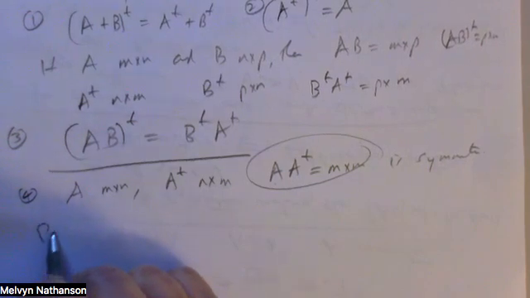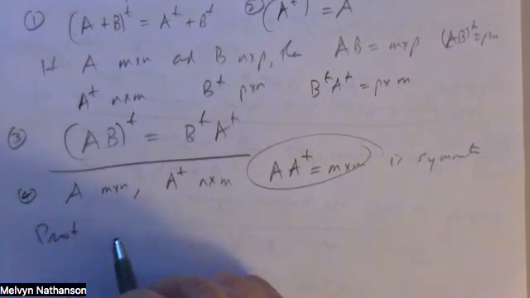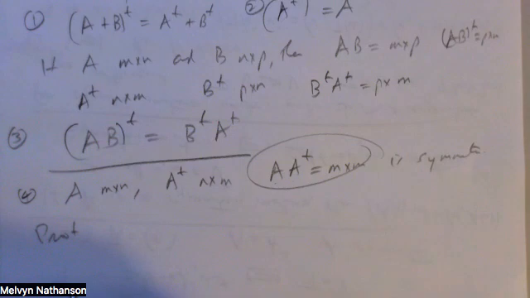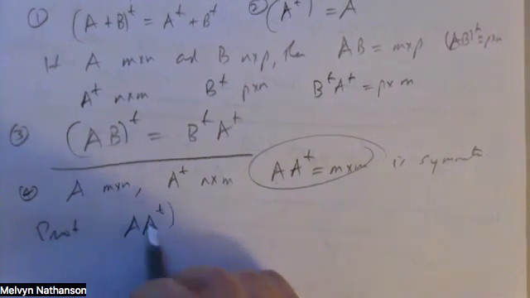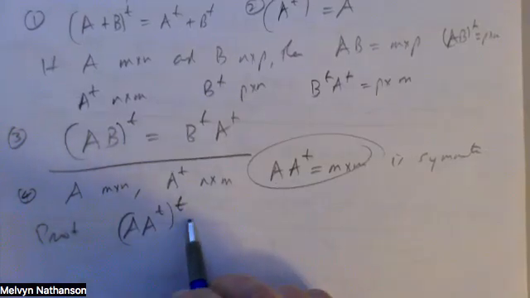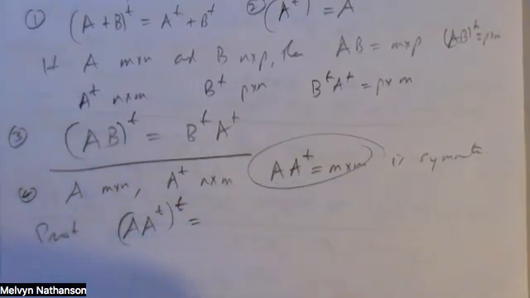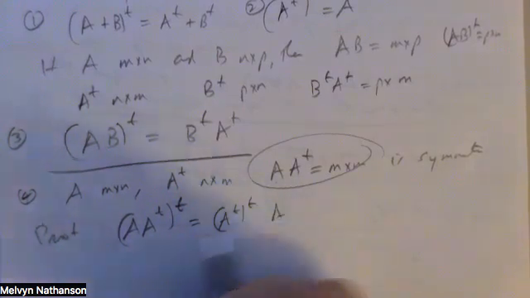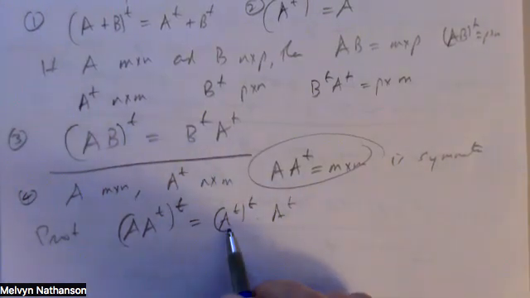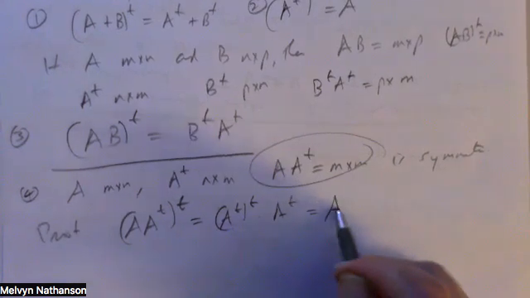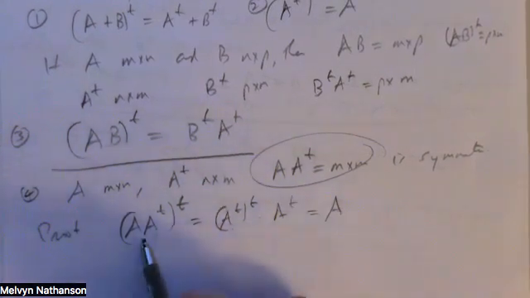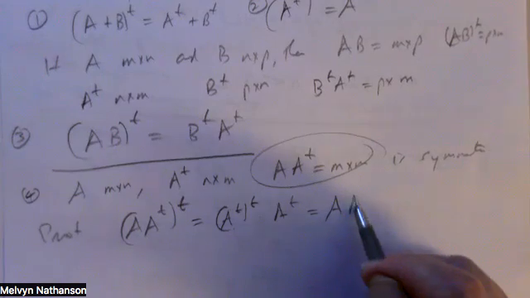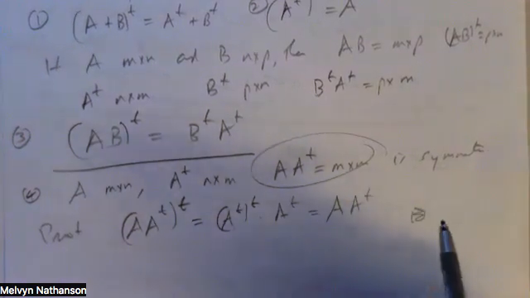And I can give a very simple proof of this. Symmetric means the transpose of the matrix is itself. So if I take the transpose of A times A transpose, by the anti-commutative property, this is the transpose of the transpose times A transpose. But the transpose of the transpose of A is just A. So this is A times A transpose. That's the proof.